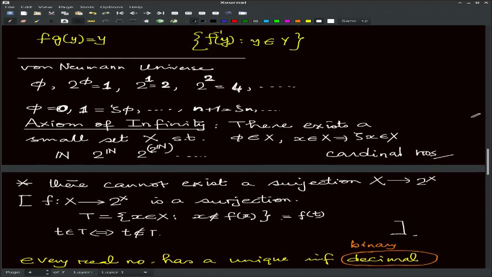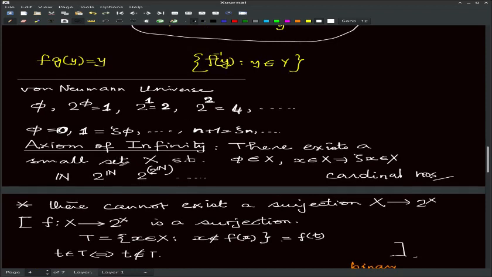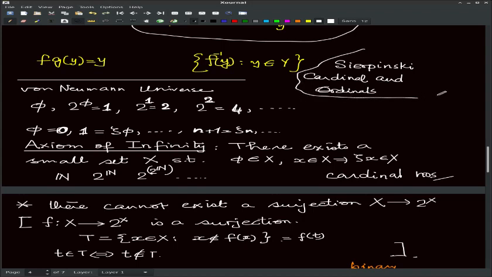And then he comes up with this whole set of cardinals, and there's a beautiful book, if you can download it. It's called Sierpinski, Cardinal and Ordinal Numbers. It is an old-fashioned book.